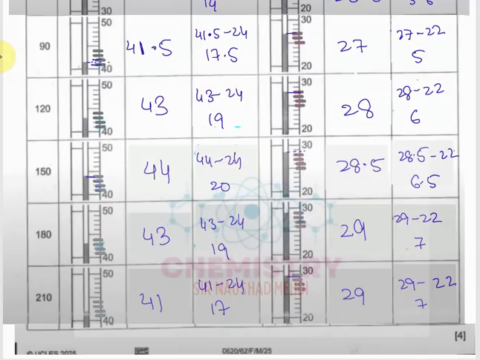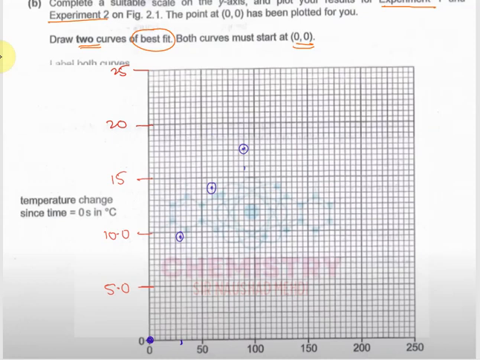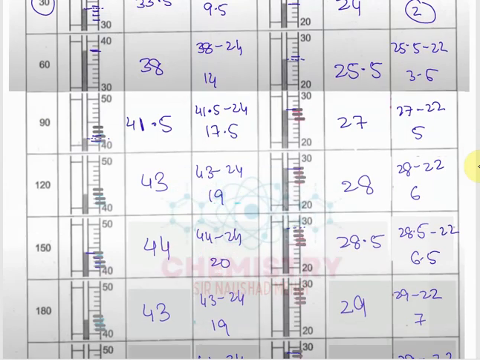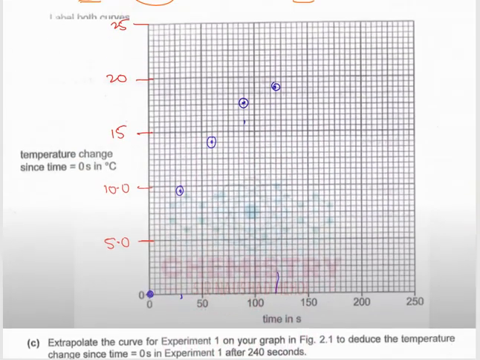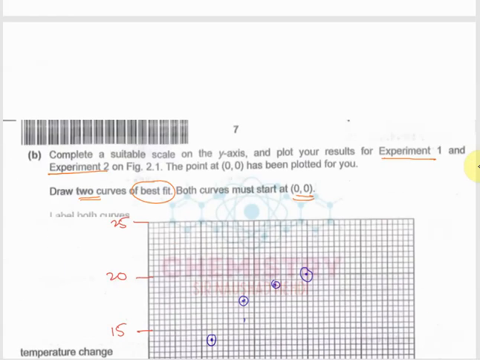Okay, then at 120 we have 19. Yes, somewhere here. At 150 we have 20 over here, and then at 180 we have 19.